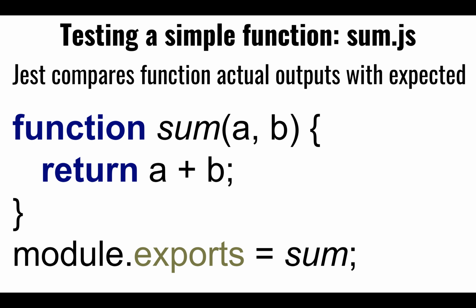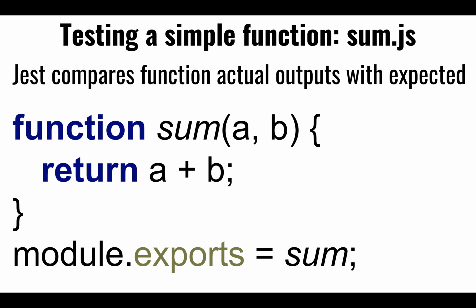After you have that, let's take a look at a really trivial example, just giving you a flavor of what testing would look like. So here's a really simple, trivial sum implementation that just adds together A plus B. And we'd like to see if this works as expected. This is a self-contained module.